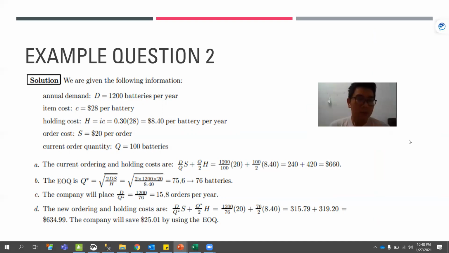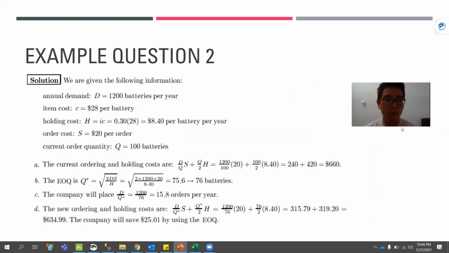Okay. So given the following information, we have annual demand, item cost, holding cost, order cost, and the order quantity. So we just input the values into the equations given to us.